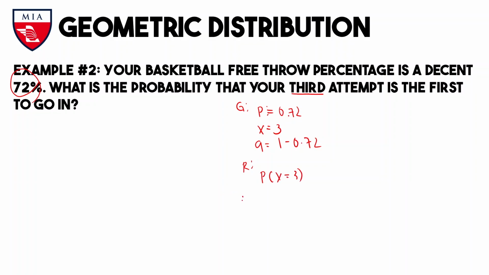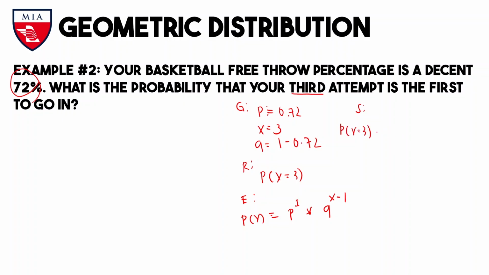For the equation, just write the formula given. Probability of x is equal to p raised to 1 multiplied by q raised to x minus 1. For the solution, probability of x is equal to 3.